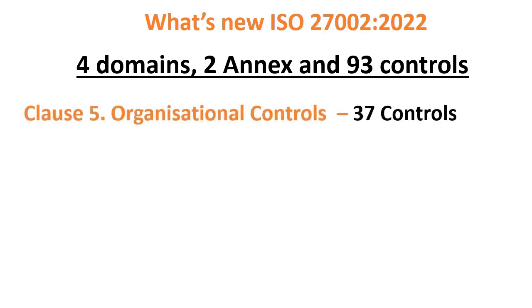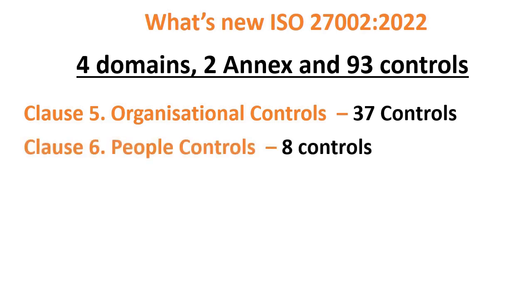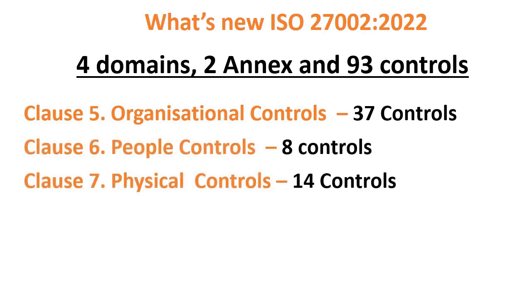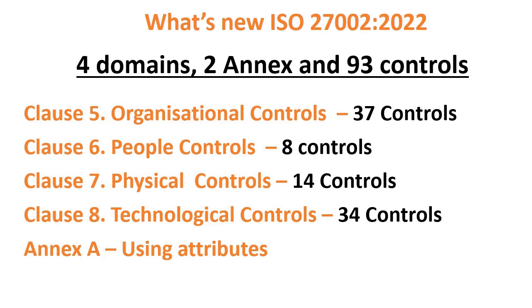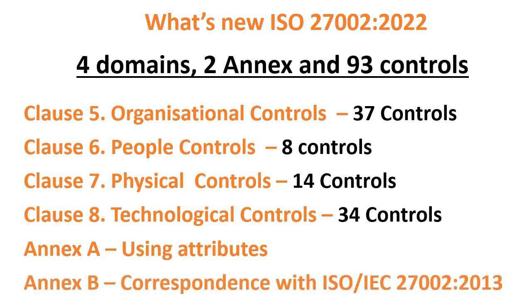Organizational controls will have 37 controls, people controls will have 8, physical controls will have 14, technological controls will have 34 controls. Annexure A explains how an organization can use attributes, and Annexure B explains the correspondence between the controls of 2013 and the new 2022 edition of ISO 27002.